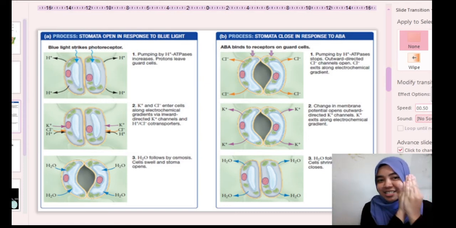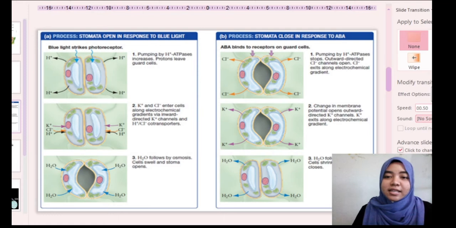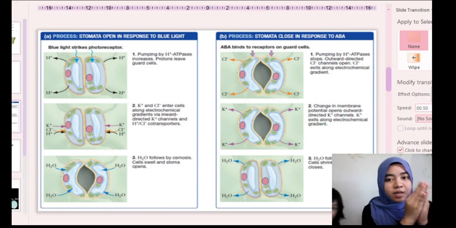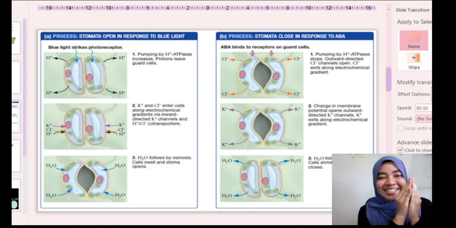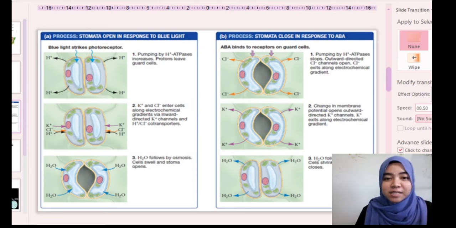So this is the start of the process of opening the stoma. The next is, as you can see, potassium ions and chloride ions will enter the cell along the electrochemical gradient via the inward-directed potassium channel and the hydrogen/chloride co-transporter.